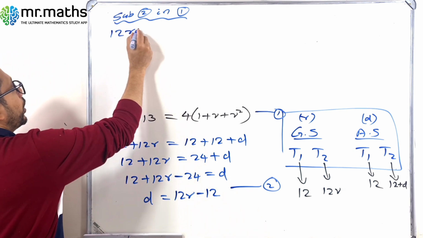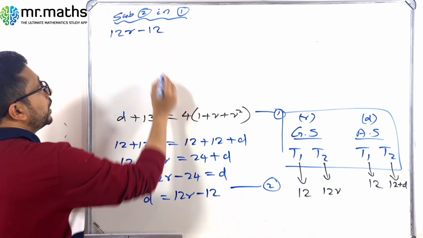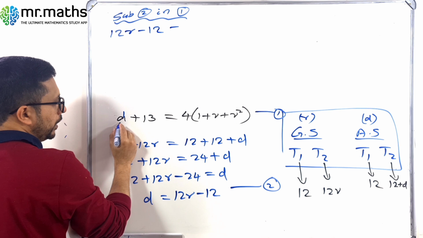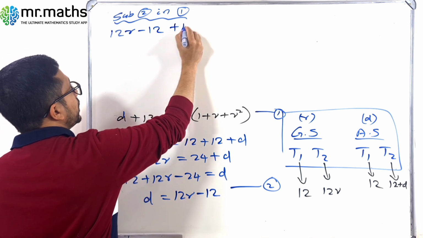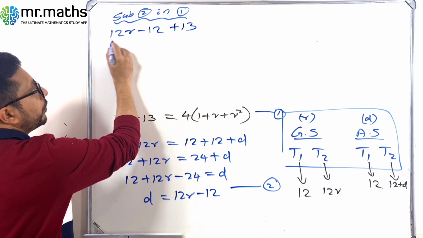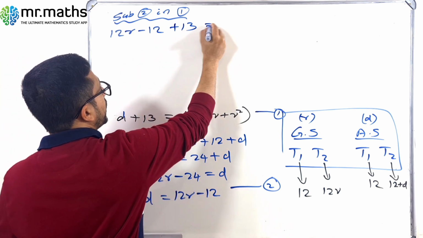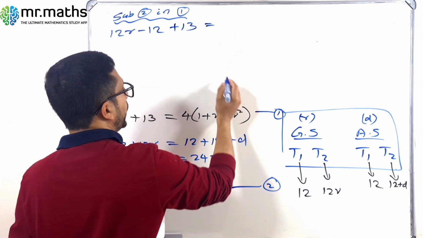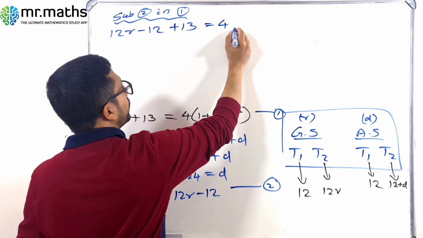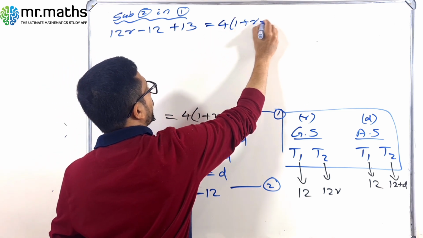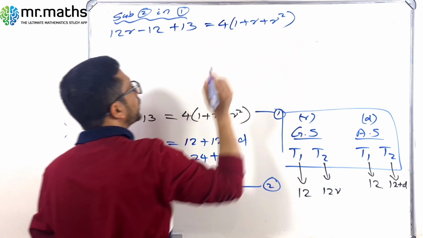So 12r minus 12 is equal to, sorry, d plus 13. So plus 13, I substitute the value d as 12r minus 12. Okay, plus 13 is equal to, what is remaining? 4 into 1 plus r square.